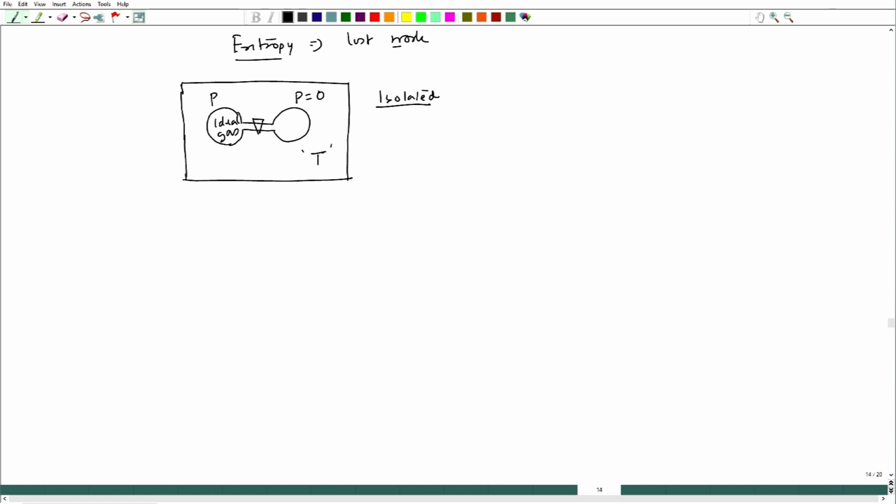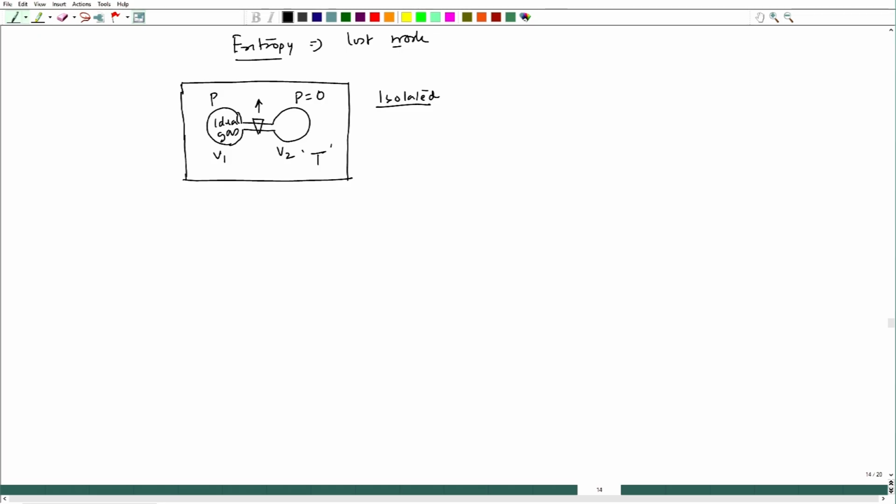Since it is isolated, there will be no heat flow. Now, if I open this stopper, the ideal gas will start occupying the other evacuated chamber. I consider this volume 1 and this volume 2, the chamber volumes.